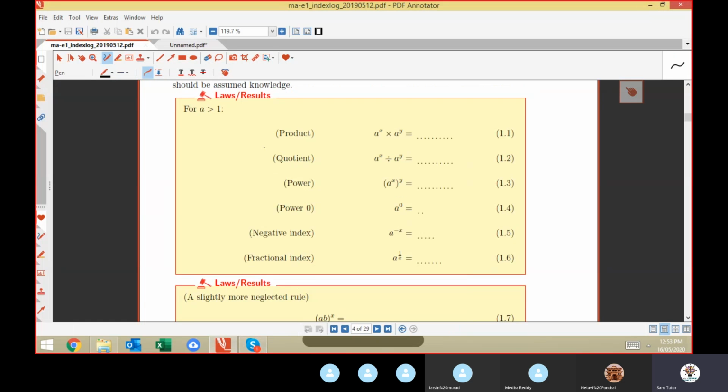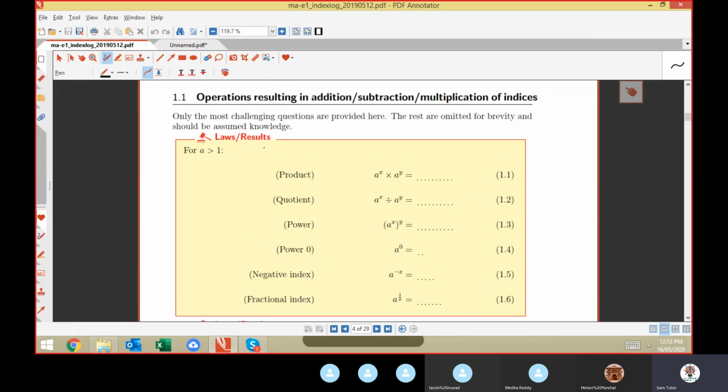Actually, I won't stop the recording. We'll leave it as it is, so take it as it is today. I highly recommend reviewing the log laws that we will learn today for homework, so that next week you'll find a very easy lesson. If you don't review the log laws, you'll be super confused still next week.